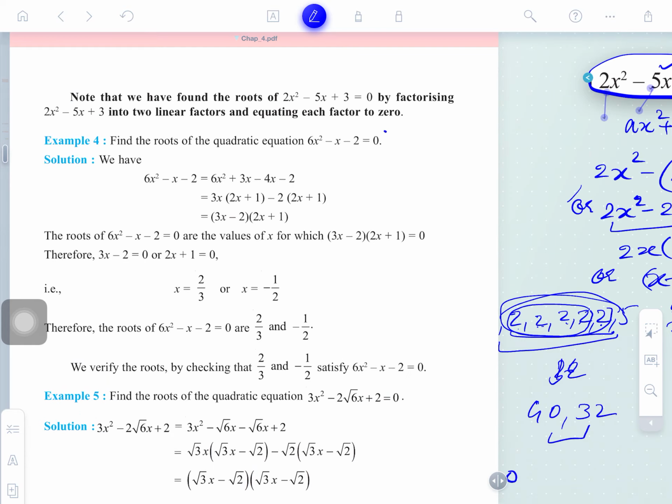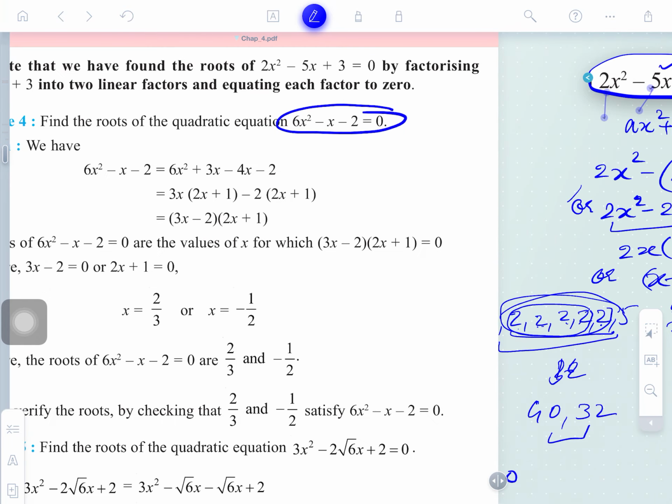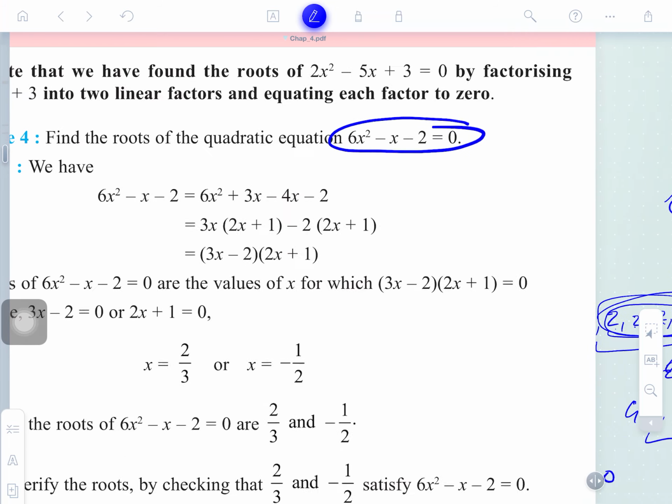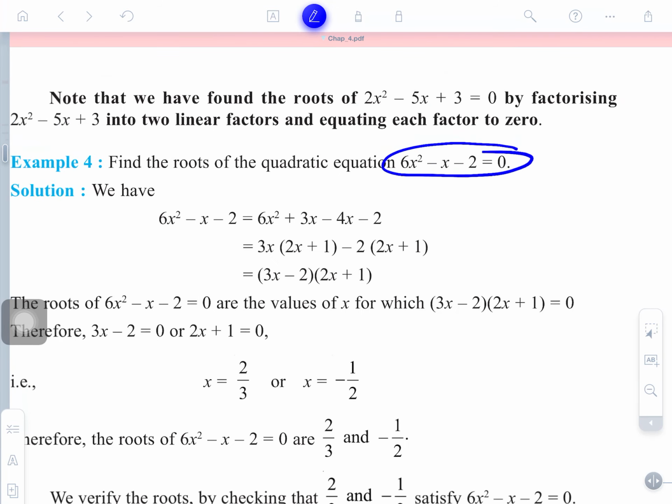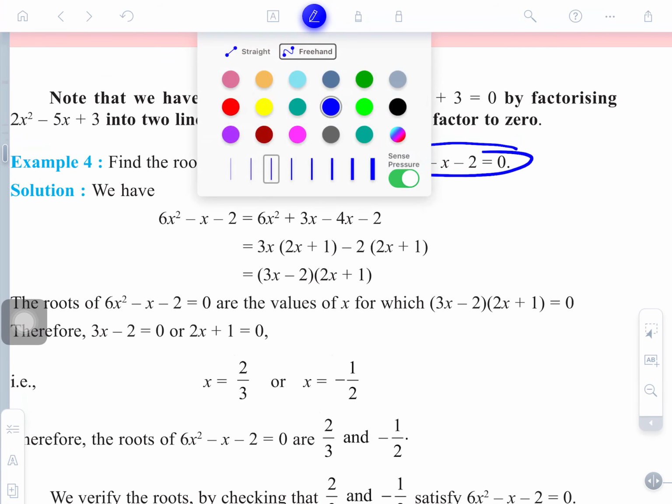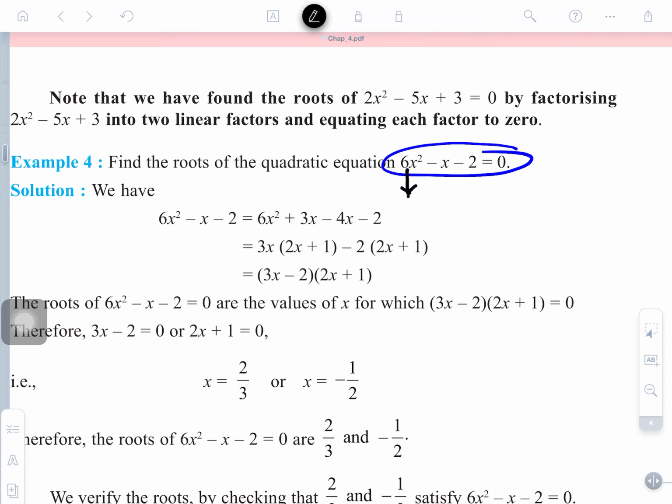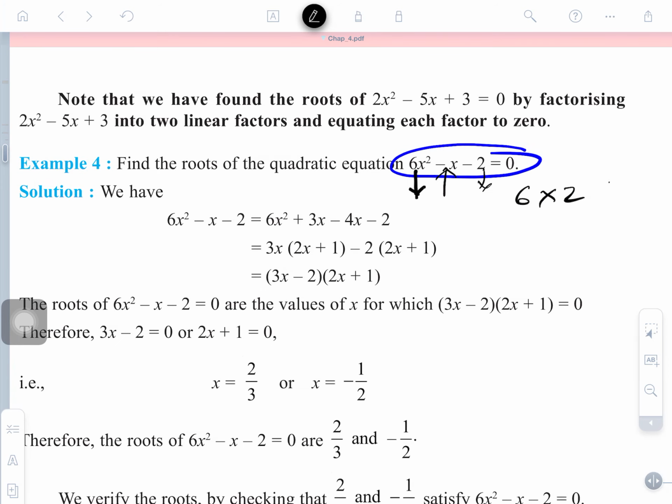Another question is also there. Again I am telling you how to split the middle term. The middle term can be split in a very easy way. Suppose the first term is 6 and the last term is 2. So 6 and 2 are to be set, and the coefficient 1 is to be brought here. So 6 plus 2 is 8, but we have to bring 1. 6 minus 2 is 4, not that.